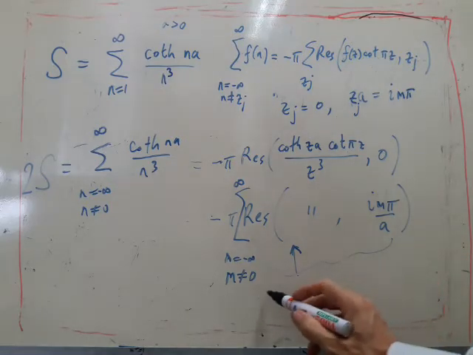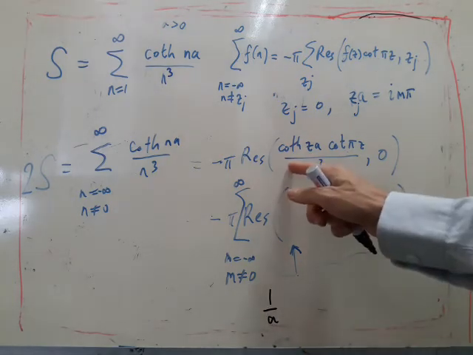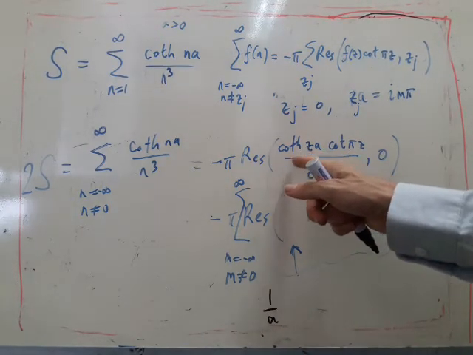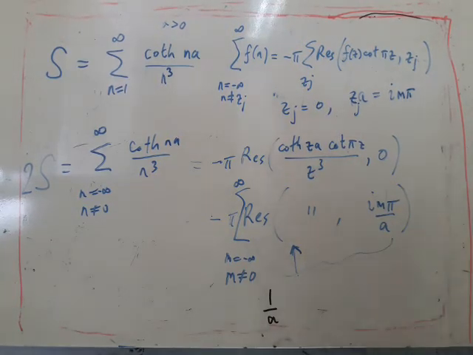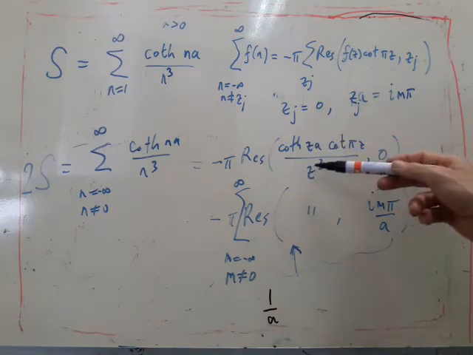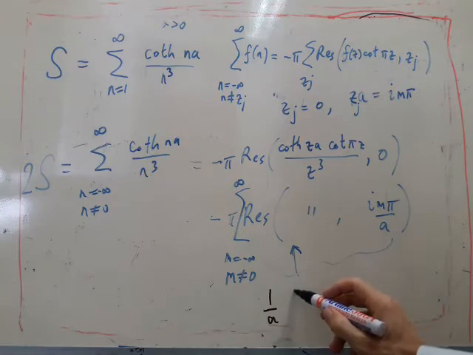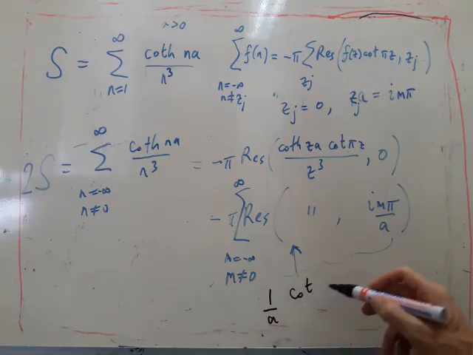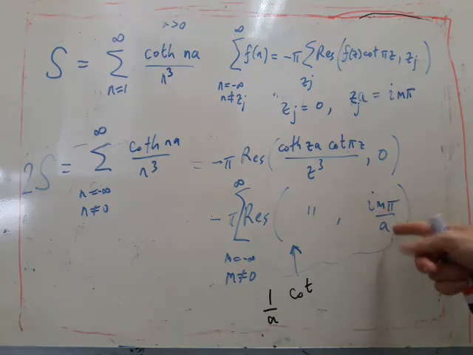So I'll get a factor of 1 over a coming from differentiating sinh za with respect to z. But otherwise I'll get cosh divided by sinh, which cancels. And then I'll get cot, and I just need to evaluate everything else at z equals i m pi over a.